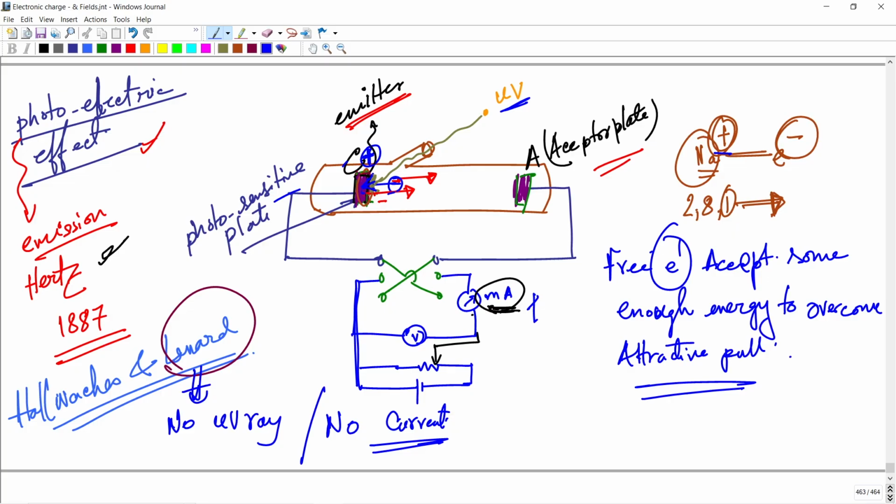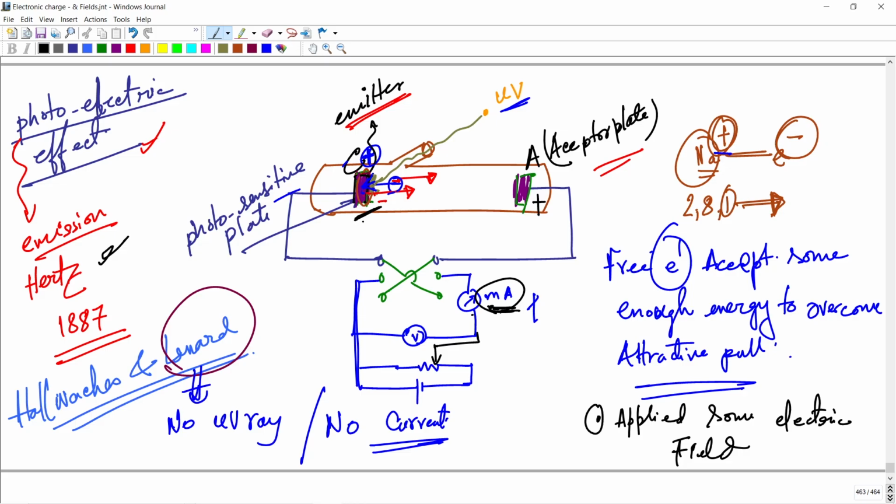Okay, so Lenard said there is a plate, and there is a battery. Now we apply some electric field. On the acceptor plate we apply a positive potential and on the emitter plate we put the negative potential.